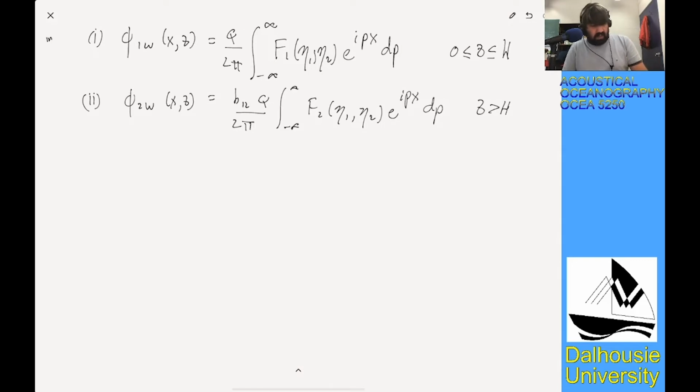So this is in 1, or water, and in 2, sand, or the bottom. So obviously there's a bit of finagling there, but really it's just some calculus, some algebra. F1 is this function here.